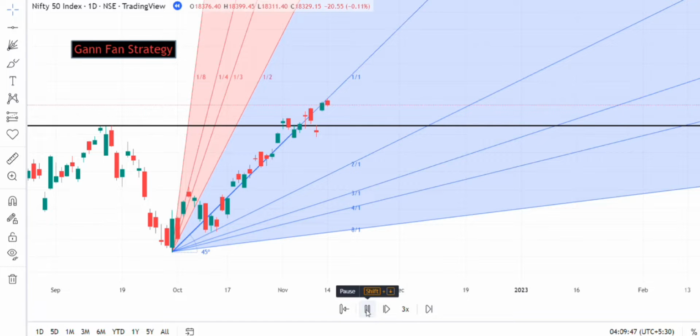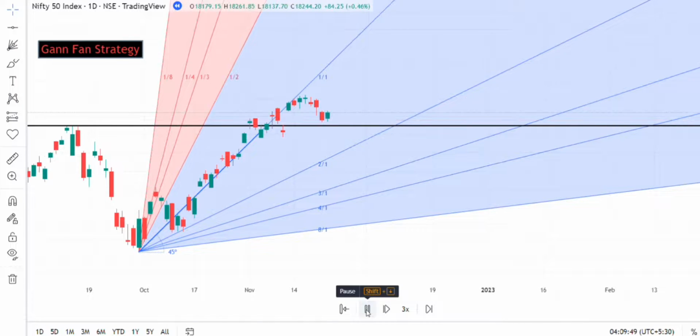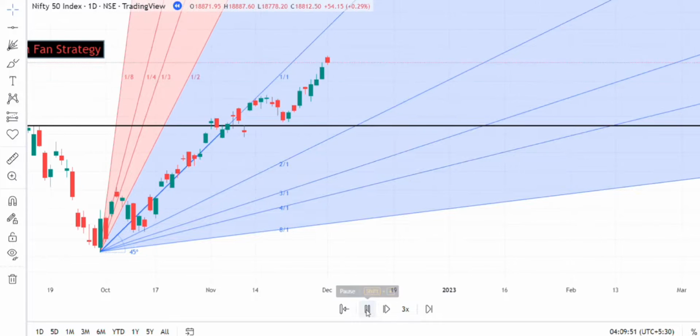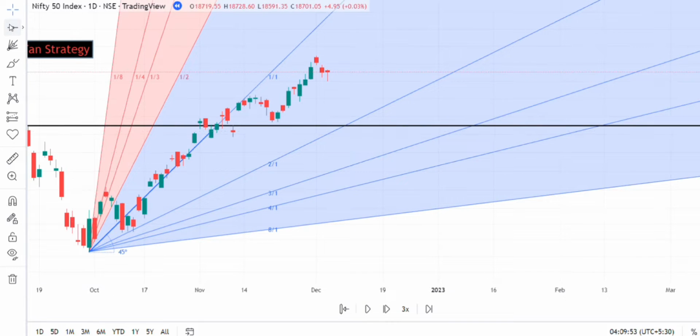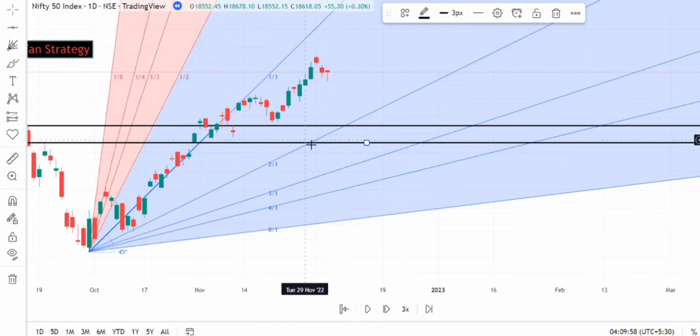Then we can trail our stop loss 3 to 5% below the significant high point line. Means this gap should be 3 to 5%. In this way, this strategy works.